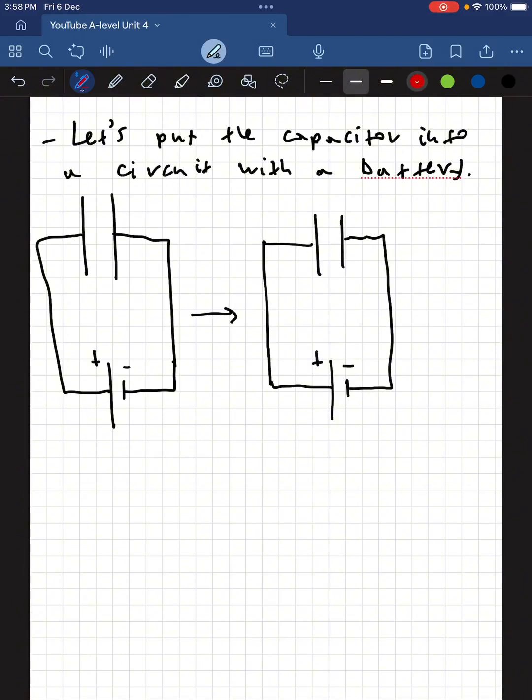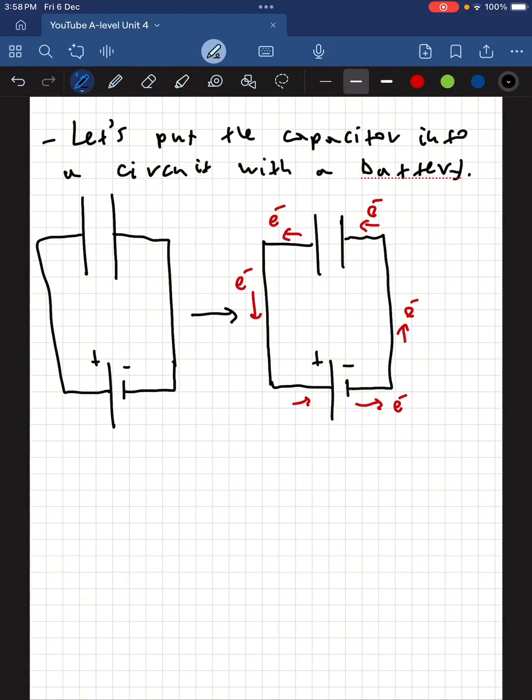So the positive terminal is going to start drawing electrons from one plate of the capacitor and push them onto the other side. So an electric current will start appearing in the circuit due to this flow of electrons.